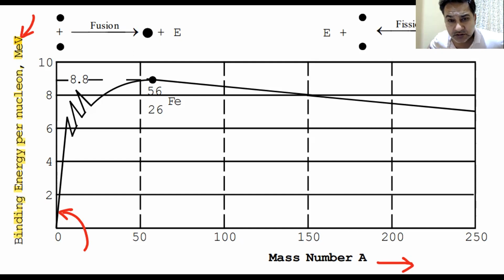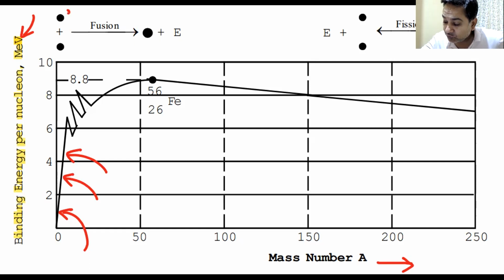The nuclei of two hydrogen atoms are not very stable. If they are not stable, what will they do? If given a chance, they will combine together and become a heavier nucleus. Because when the mass number becomes more, the stability increases because binding energy per nucleon increases. Yes or no? Yes, sir.